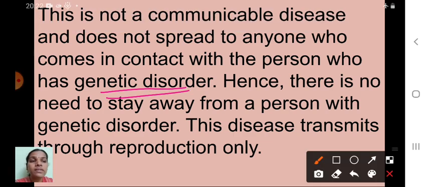Understood children? Hence there is no need to stay away from a person with a genetic disorder. By contact, it will not transfer from one person to another. This disease transmits through reproduction only. Understood children? Shall I go to the next now?